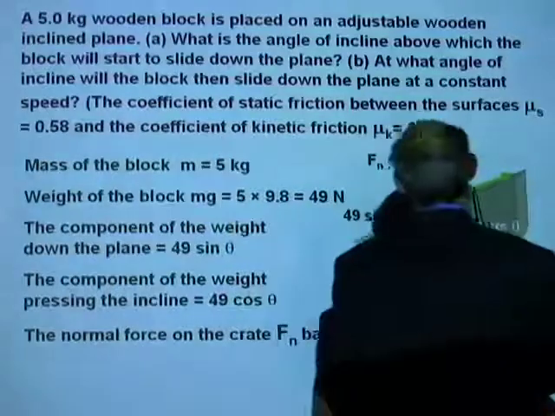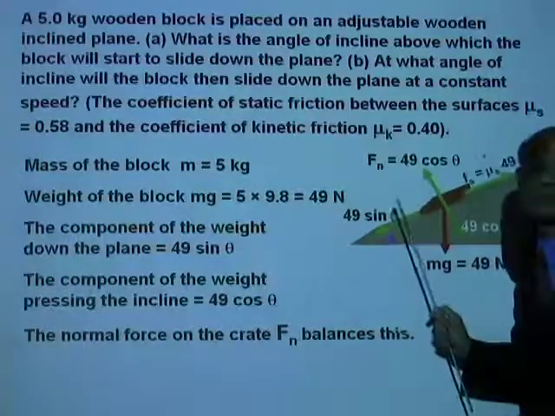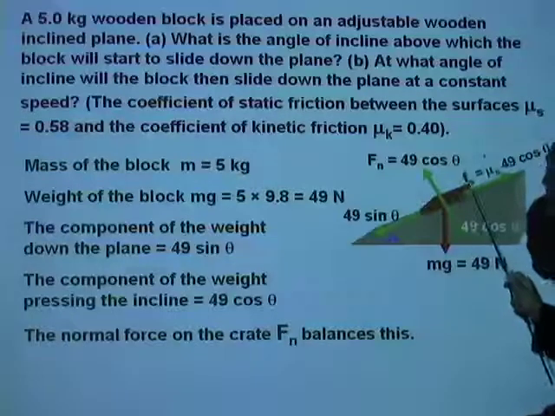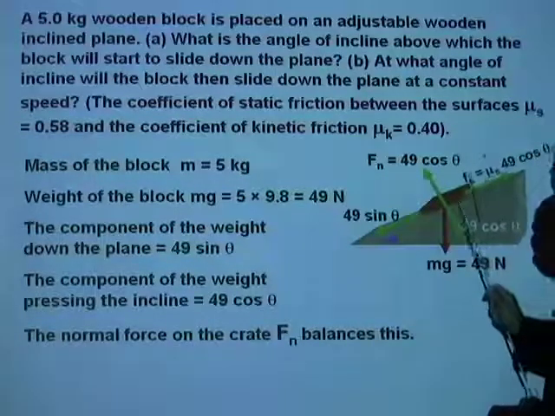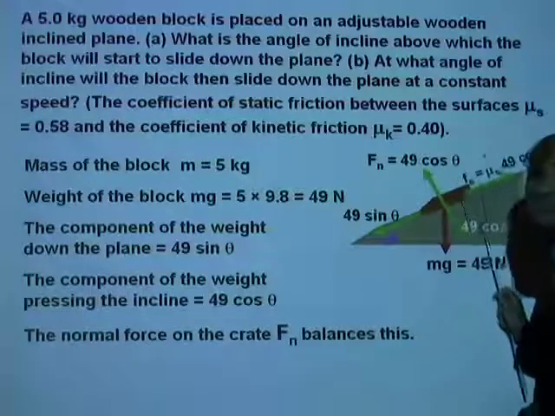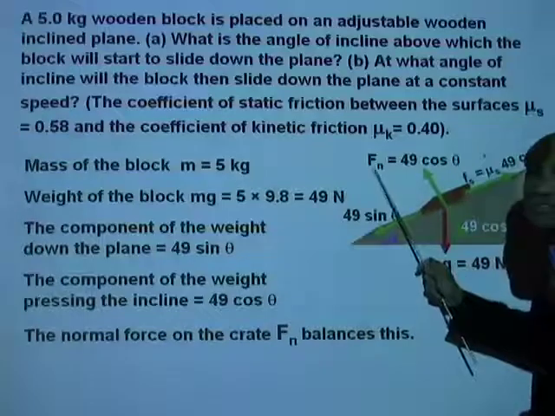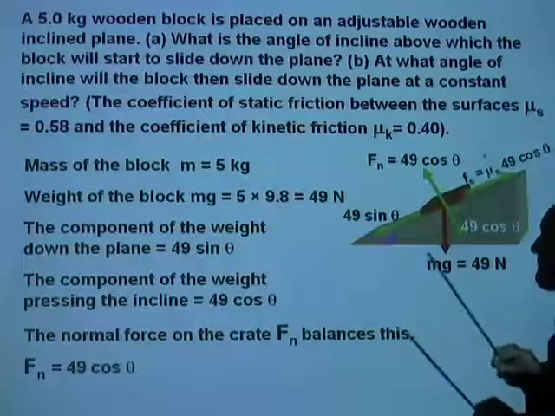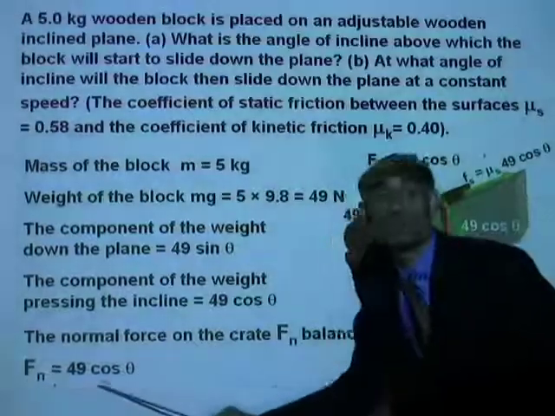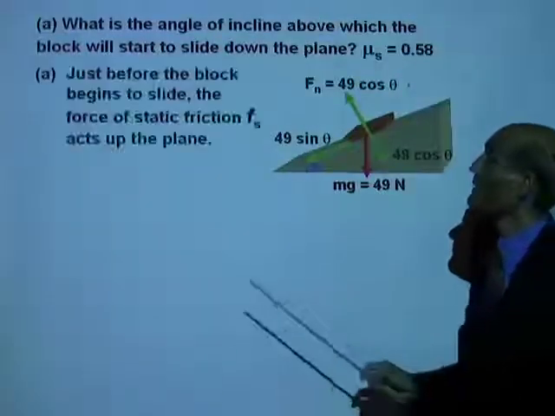And now, what is the frictional force acting up the plane? Do you remember that force? Fs equal to mu s mg cos theta. In other words, the force of static friction is mu s times Fn, mu s times 49 cos theta. So that is the normal force, Fn equal to 49 cos theta.